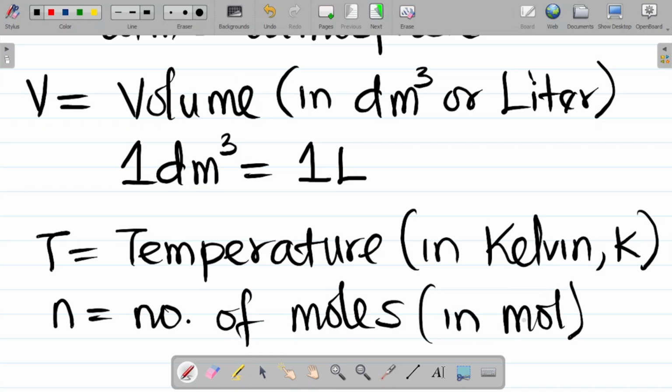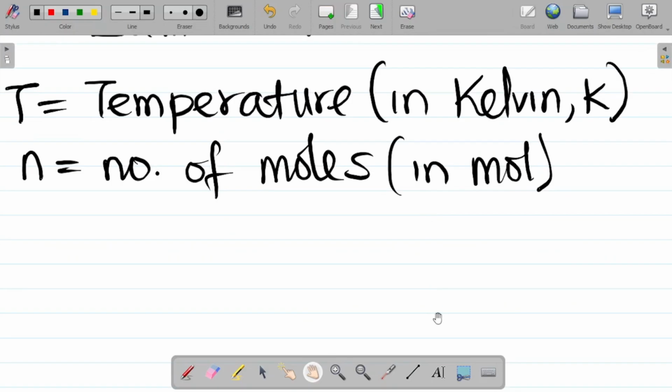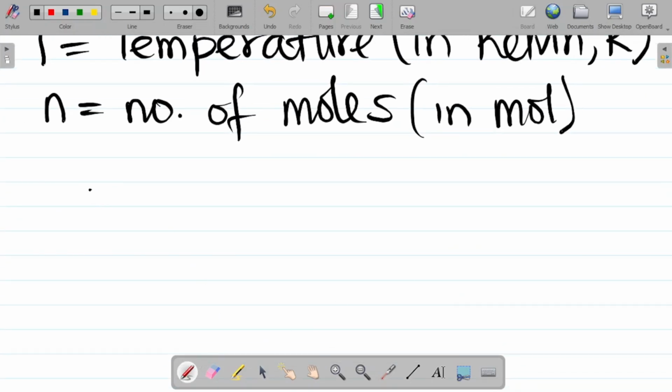Now let's look at standard temperature and pressure, STP. STP means standard temperature and pressure. At standard temperature and pressure, the temperature, the pressure, and the volume have specific values.